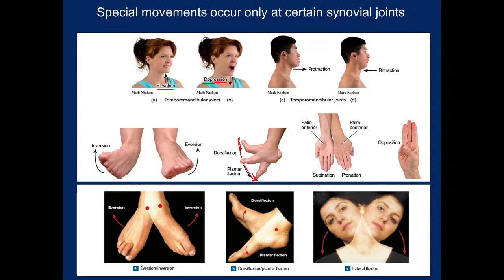And the rotation of the upper limb bones is called supination and pronation, which means supination is rotation outward, but pronation is the inward rotation.